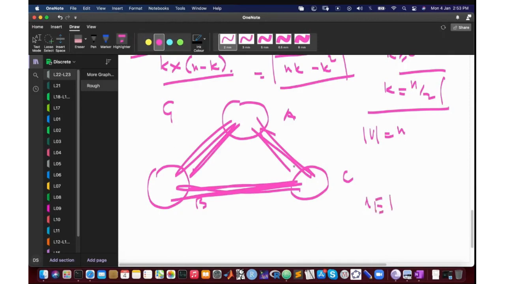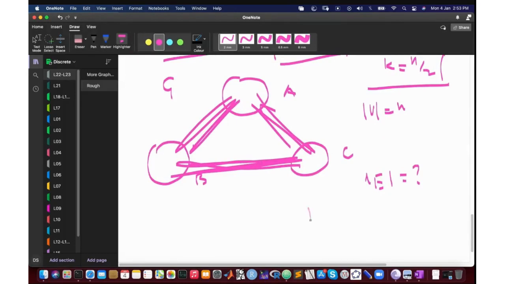How many edges do you have at each of these places? The answer is going to be what you expect it to be, but the proof is a famous proof given by a guy called Turan, and it's called Turan's theorem. You guys should look it up.